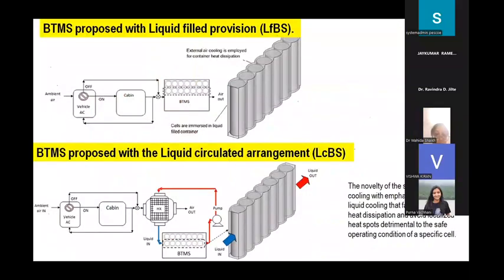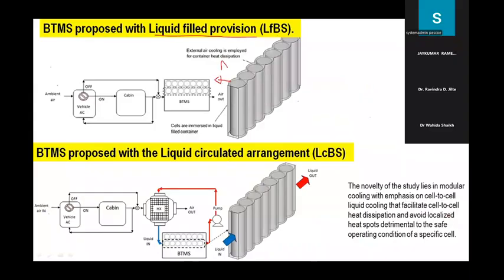The first option is the liquid filled provision: we take a casing and submerge the batteries in it. There is no circulation of the liquid, and all the cooling happens only with the air in and around.